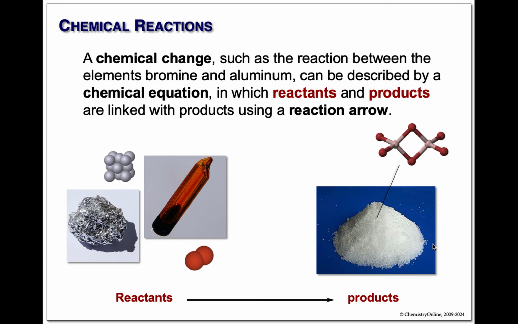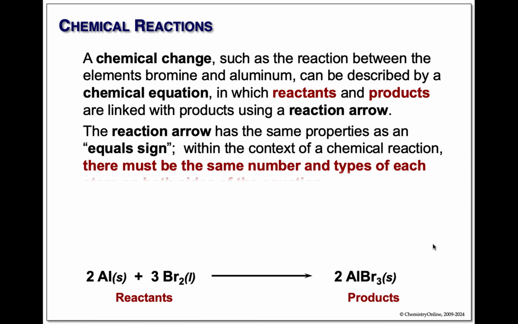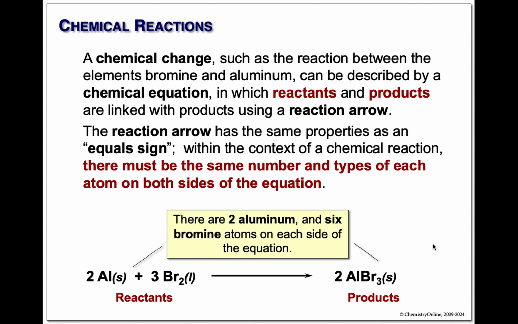In a reaction, we use an arrow to link our reactants and products. Okay? The arrow has the properties of an equal sign. That means we must have the same numbers and types of atoms on both sides of this equation. We have 2 aluminums, 2 aluminums, 6 bromines, 6 bromines.